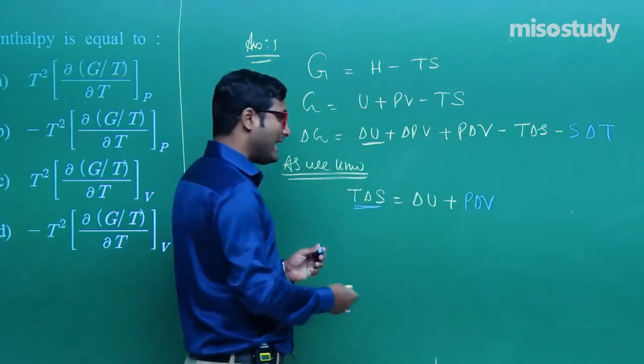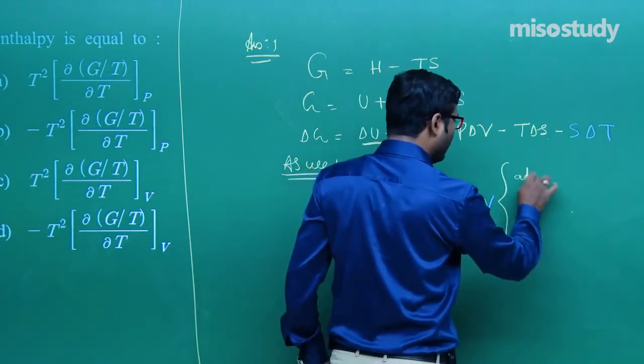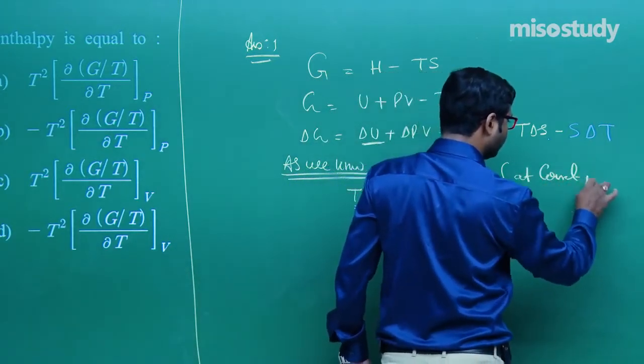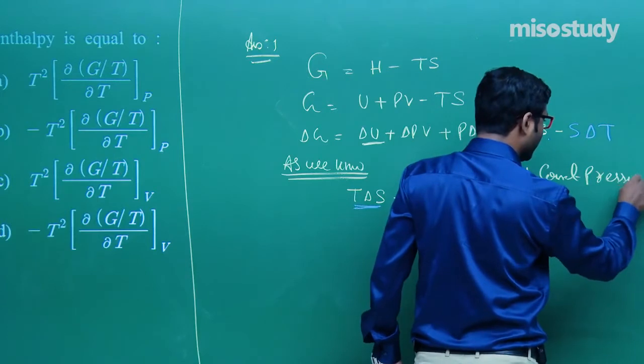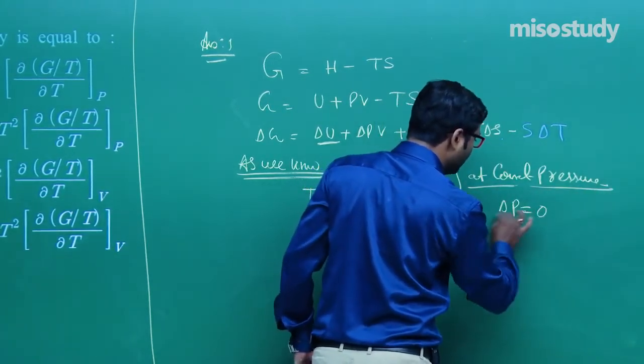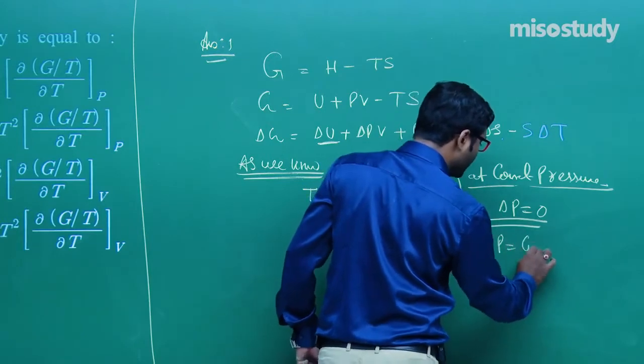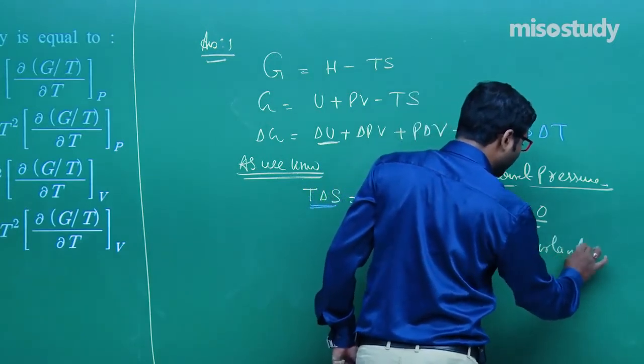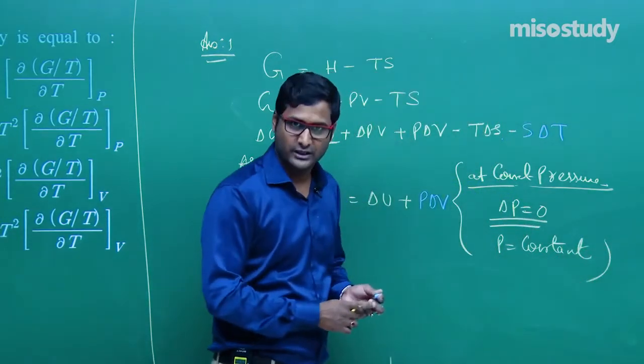At constant pressure, if the pressure is constant, then what will happen? Delta P is equal to 0 because P is constant, and we are talking about enthalpy, that is heat content at constant pressure.